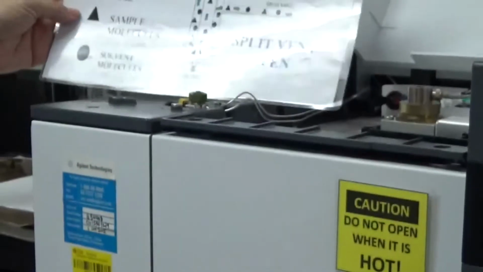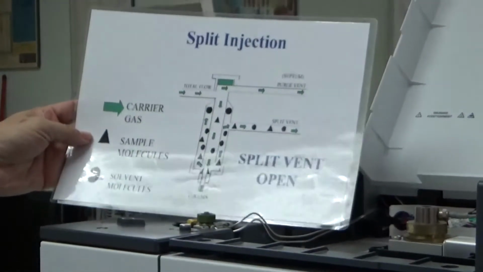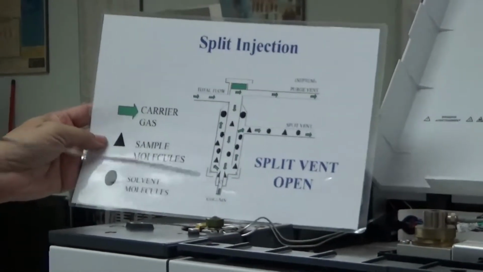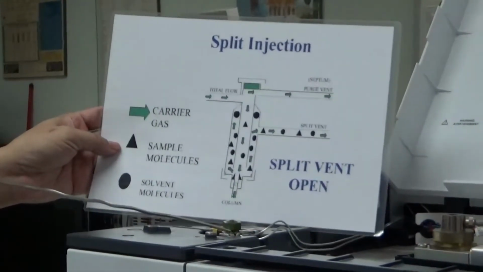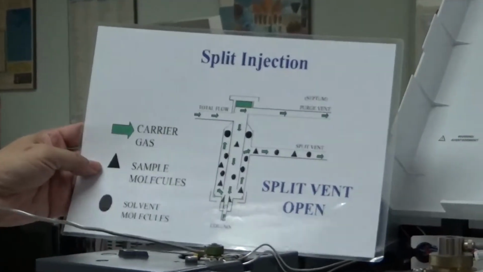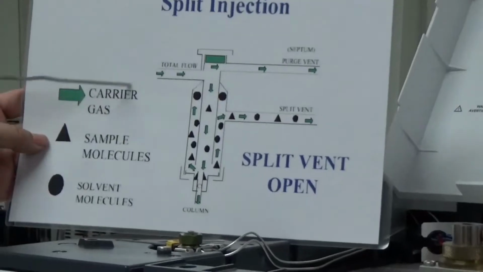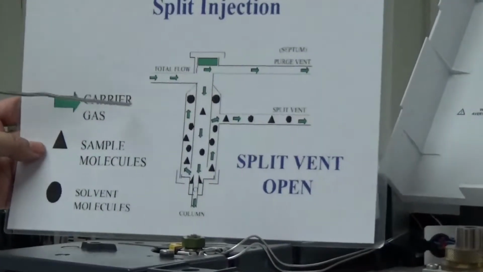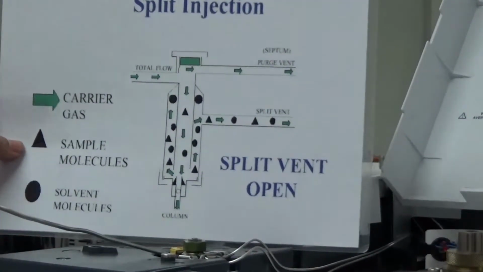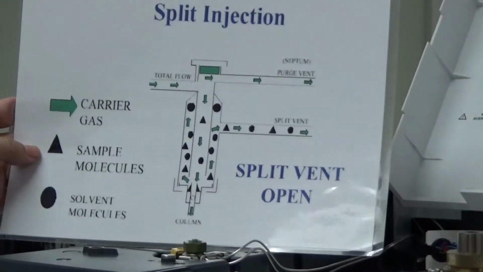For the split and splitless injection system, we will inject the sample, approximately 1 microliter, into this injector port, where it will be carried with the carrier gas into the capillary column.